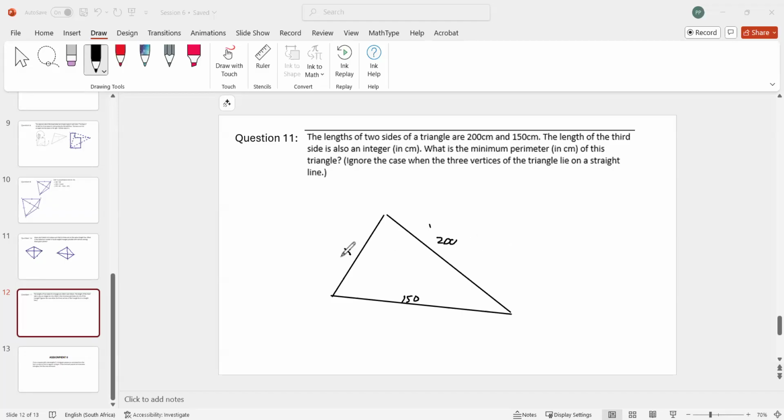So you want to know what's the smallest value of x. And to do that, you need to use what you call the triangle inequalities.